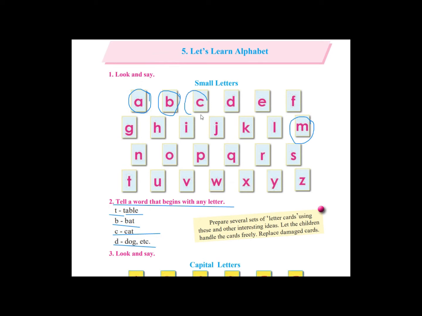C for cat. O for orange, O for onion, S for sheep, S for sun. So you can take any letters, and you have to write the word that begins with that letter.